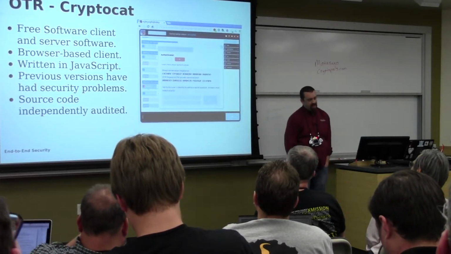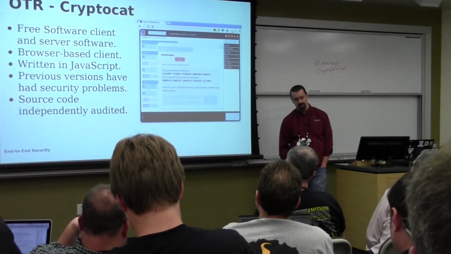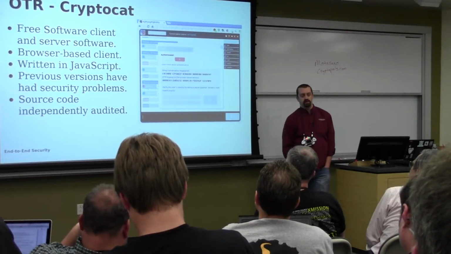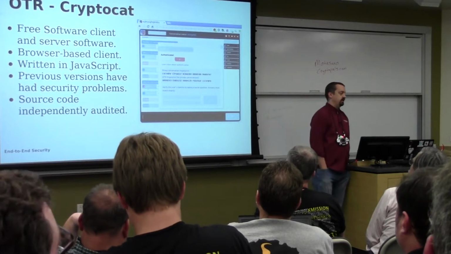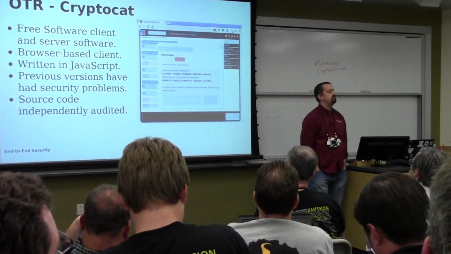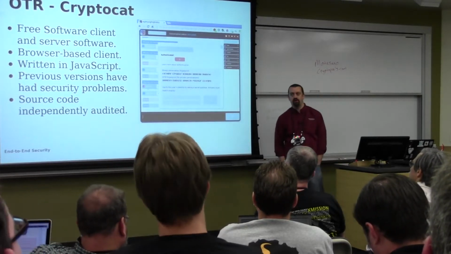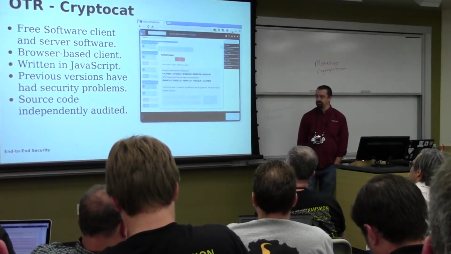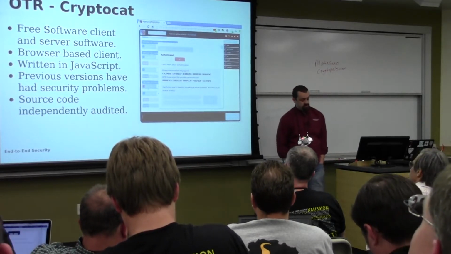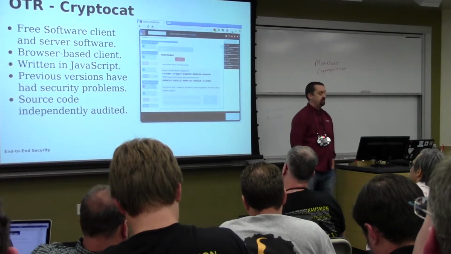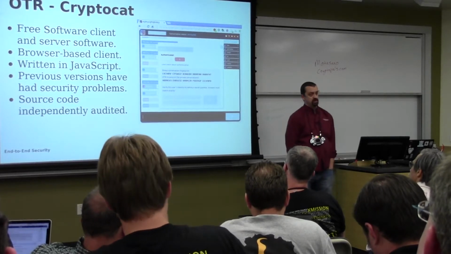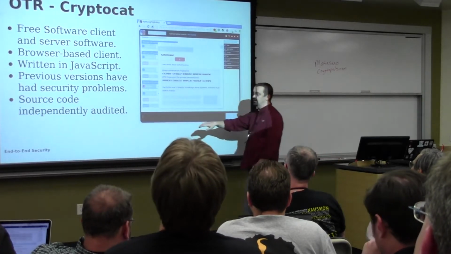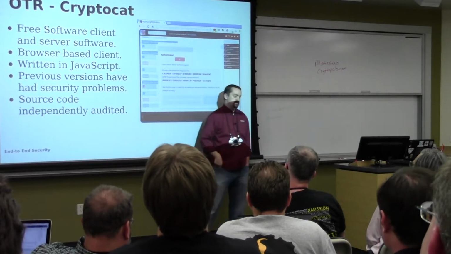Interestingly enough, Cryptocat has had some security problems in the past. They've corrected it. And I think for the most part, most people will agree that it is secure now, but it has had previous problems. However, the source code has been independently audited by a third party. This is big. Lots of people don't really take source code auditing seriously.